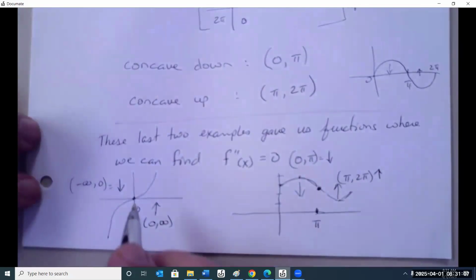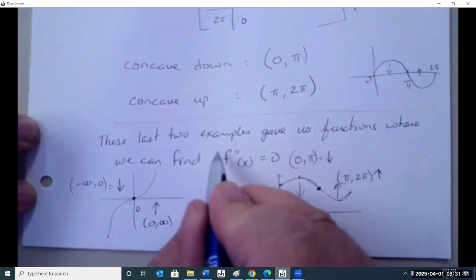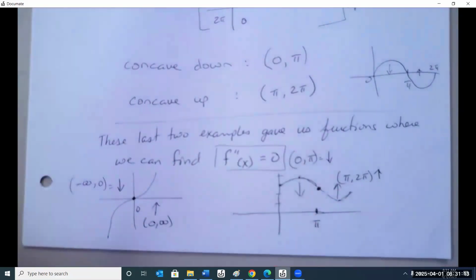What's important is where the second derivative is equal to 0. Because when the second derivative equals 0, is it concave up or is it concave down?